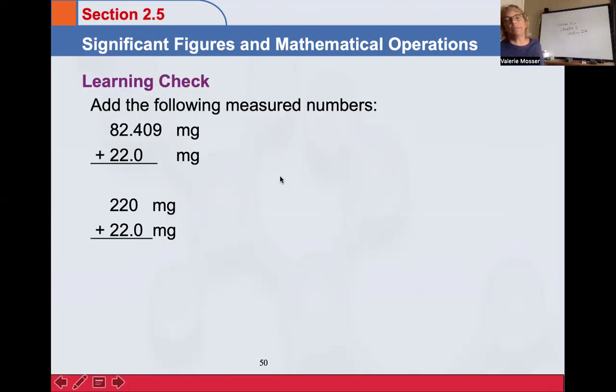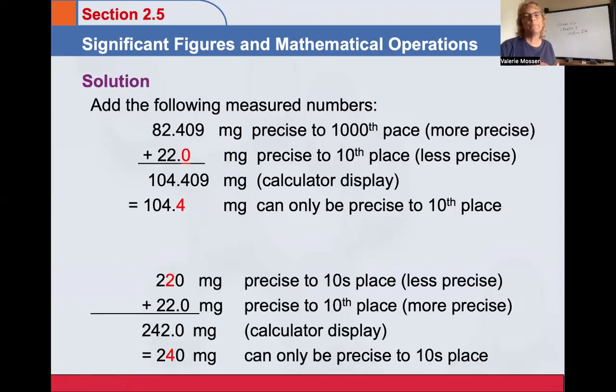Add these numbers together and give the answer to the correct precision following the rules of addition and subtraction. So 82.409 is precise to the thousandths place.